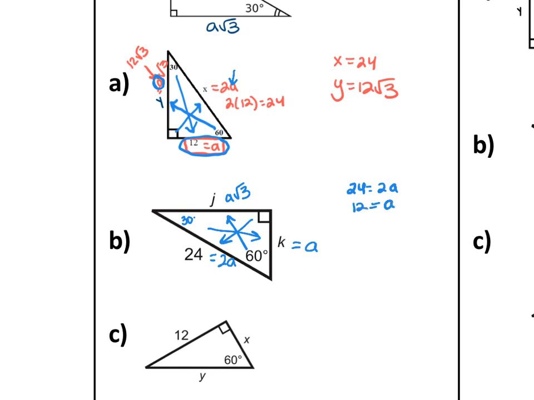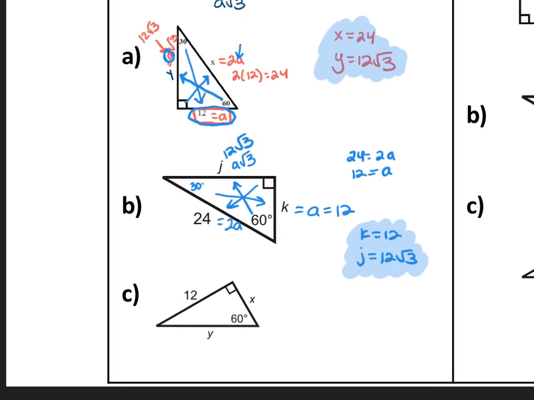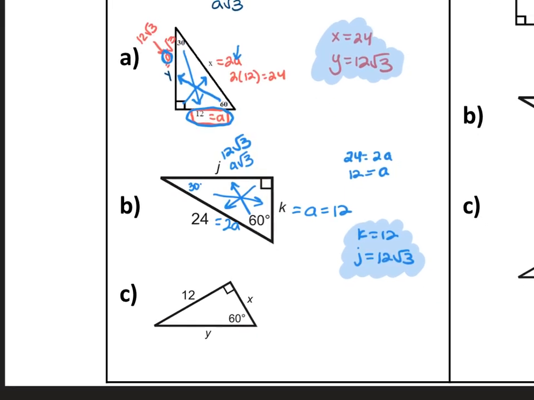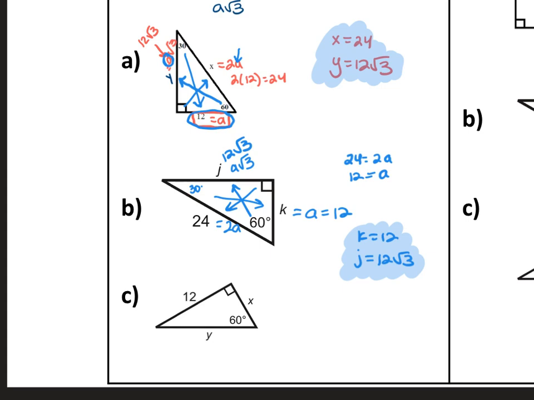K is 12 and J is 12 root 3. Why is A 12? Because 2A was 24. So if 2A equals 24, divide both sides by 2, you get A is 12.